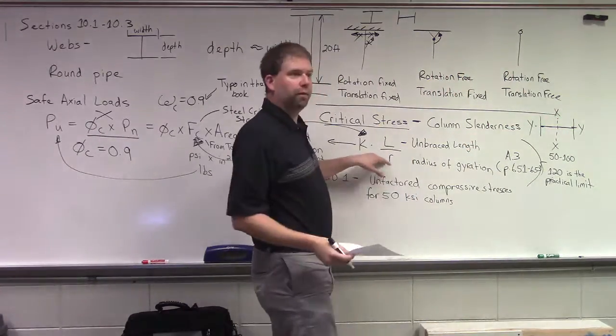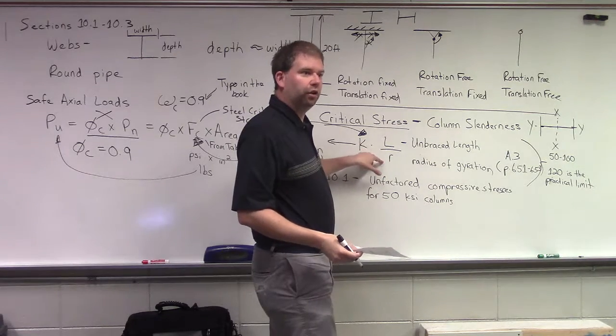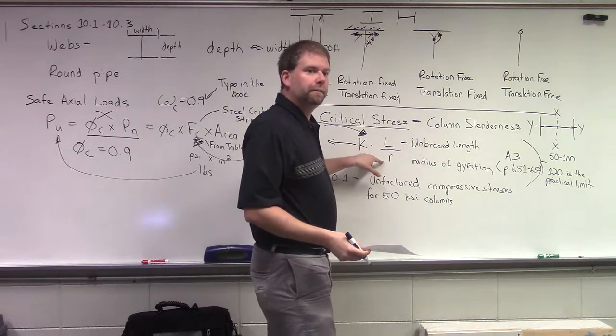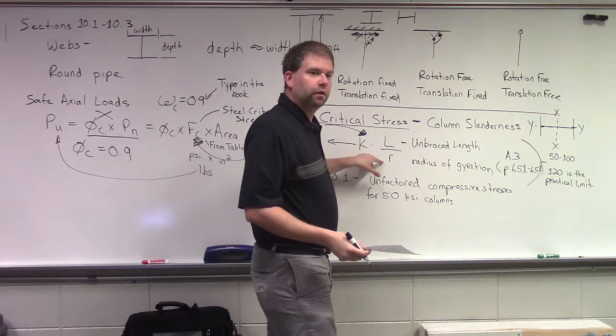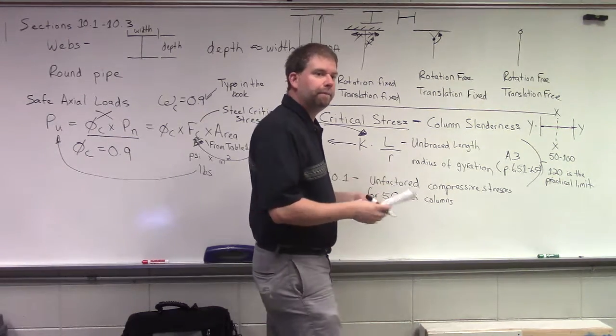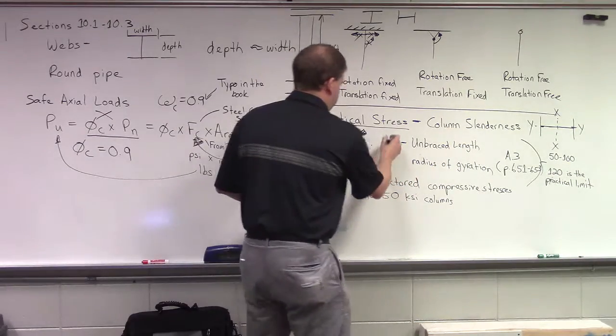Once you've determined your K times L over R, did we find that page number? I thought we were just looking for 10.1 and it wasn't the right one. It is.